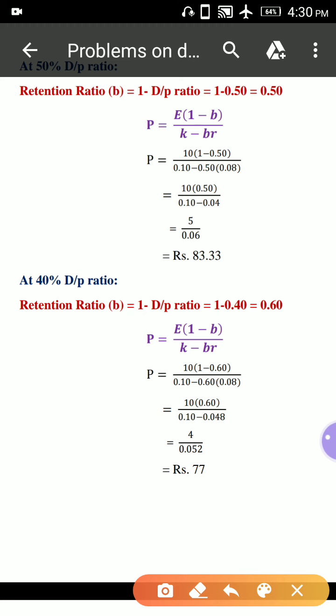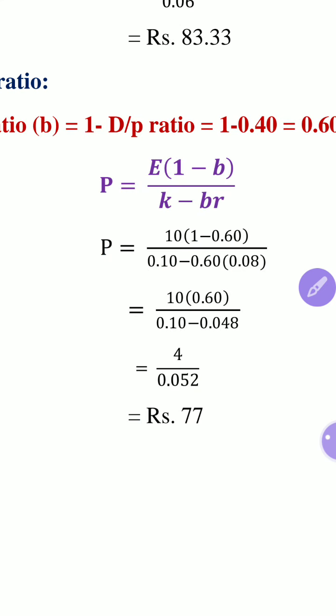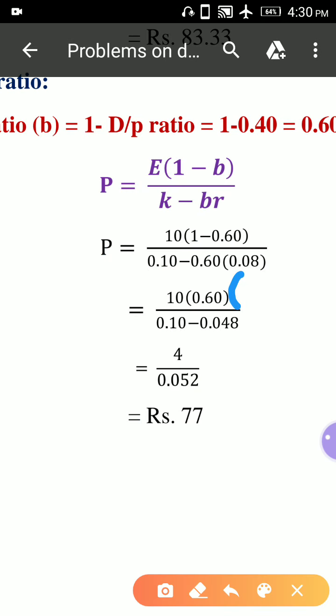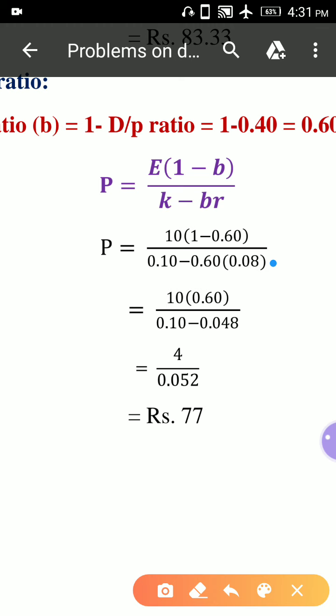Now 10 into 1 minus 0.60 means 0.40, because 1 minus 0.60 is equal to 0.40, divided by 0.10 minus 0.60 into 0.08, that is equal to 0.048.